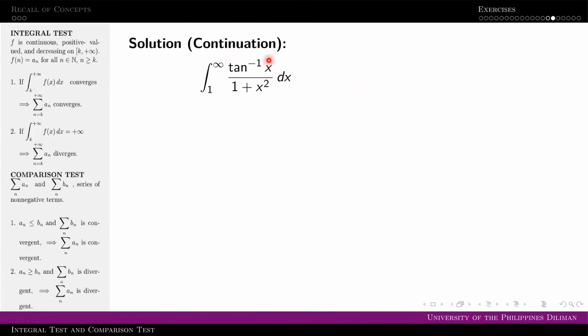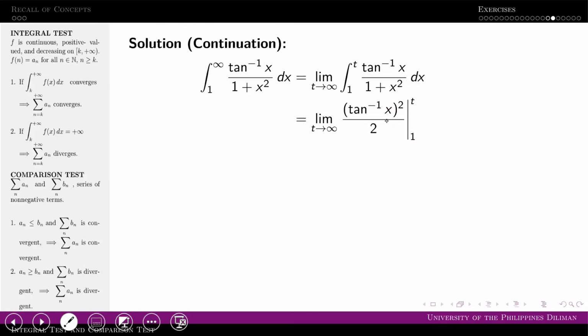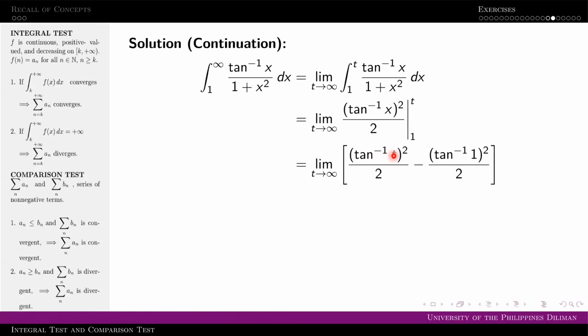So, evaluating this improper integral, we just take the limit as t approaches infinity ng integral na to, which again is easily integrable since if we let u to be tangent inverse ni x, nandito na kaagad yung kanyang derivative. So, ang antiderivative nito, if you wanna try, would become tangent inverse x squared over 2. Now, evaluating that from 1 to infinity, we get tangent inverse of t squared over 2 minus tangent inverse of 1 squared over 2.